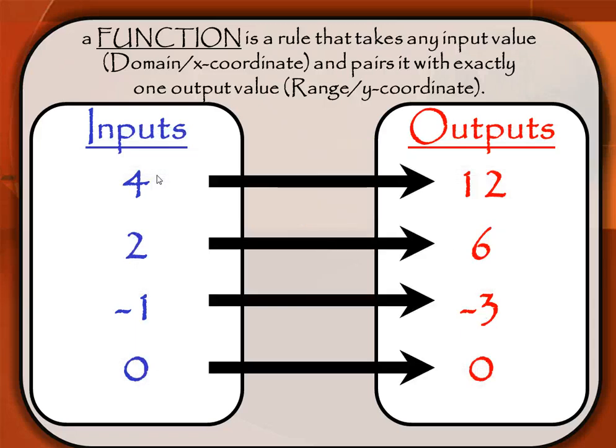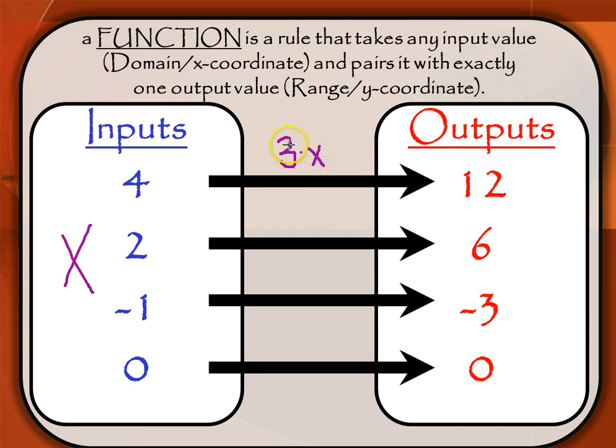Well, we don't necessarily know what the rule is, but we could figure it out. If I input a 4, it outputs a 12, or I input a 2 as an x-coordinate and it outputs a 6, or I take an x value of -1 and it outputs a -3, or 0 gives me 0. I don't know if you see the rule or not, but the rule is actually I'm taking 3 times whatever the x value is.